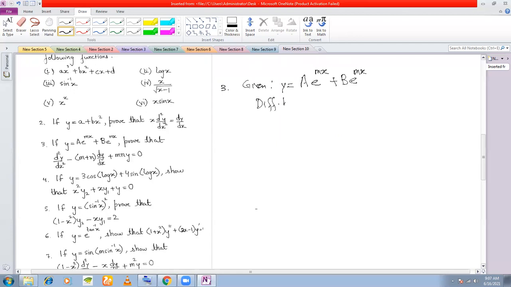Differentiating both sides with respect to x, we get dy dx is equal to a is a constant, and if you differentiate e to the power of mx, you get m e to the power of mx plus b, and again ddx of e to the power of nx.